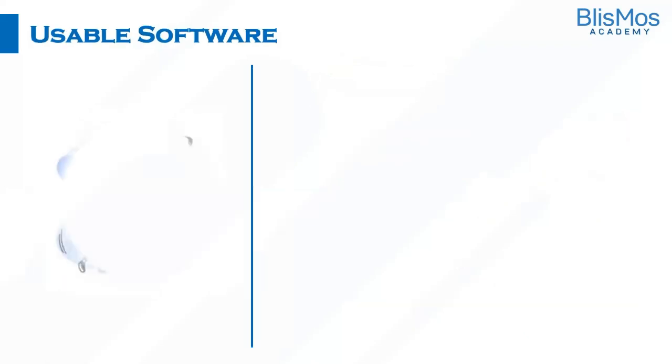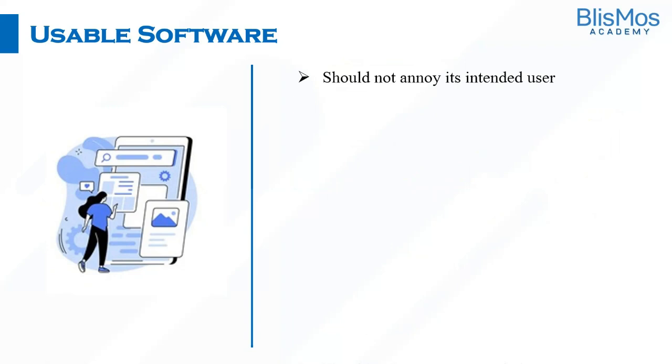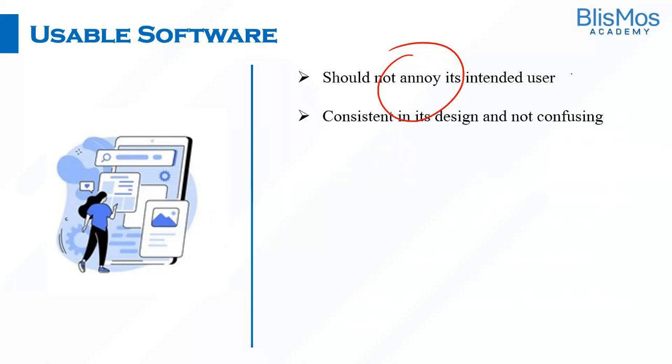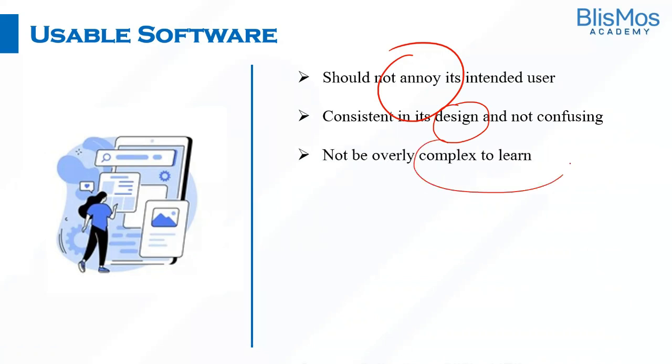What is usable software? When a software is being used by a user, it should not annoy him, right? If it starts annoying a user, will he or she use it? No, they wouldn't. Whenever the software is developed, the design should not be confusing. If the design is confusing, more people may not use the software. If the software is complex, needing to be understood by only Einsteins and Max Plancks and scientists, that doesn't make sense.